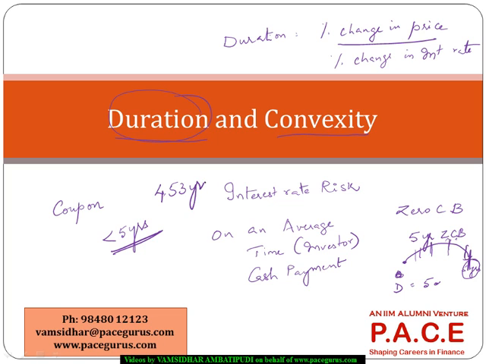If it had been a zero coupon bond, then the duration is 5 years. Whereas if it is a coupon based bond, as the coupon payments are in this current example, the duration is 4.53 years.